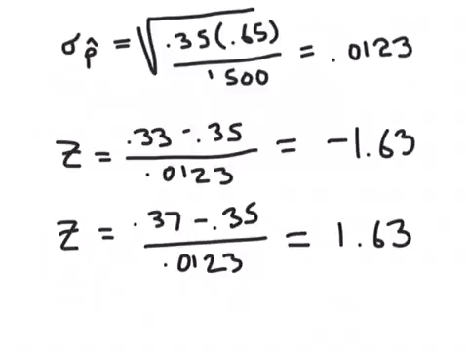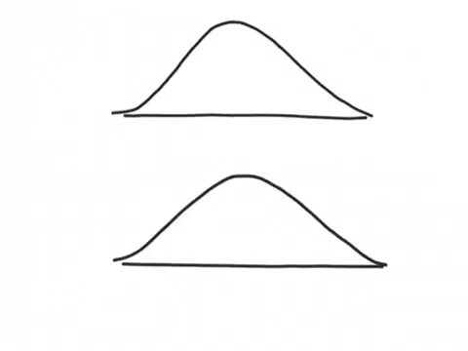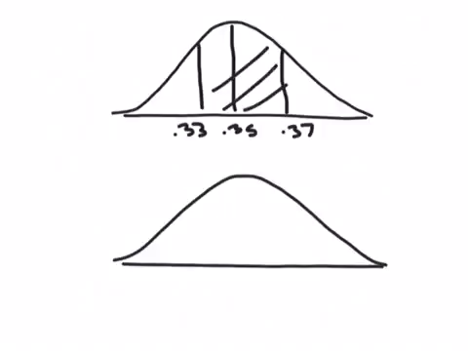So let me put another slide up here and take a look at what that looks like. Let's remember a couple of things. Here's one graph. The average of all those percentages from all those samples we could possibly take was 0.35. And we want to know this area between 0.33 and 0.37, this area in here.